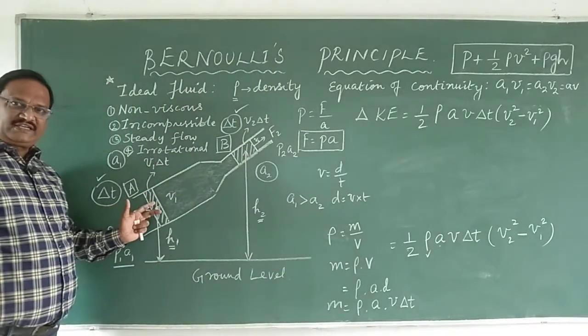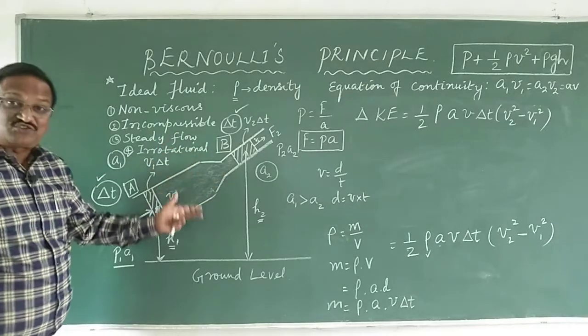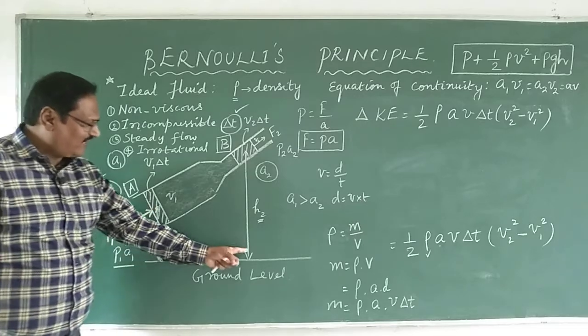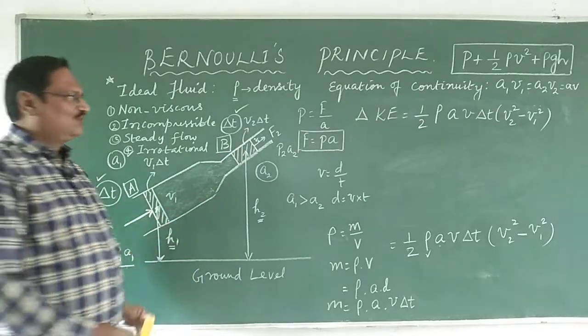Okay, fine. One is kinetic energy. The force I apply pushes the water, that is kinetic energy. Next is potential energy. Both are at different heights from the horizontal ground level.